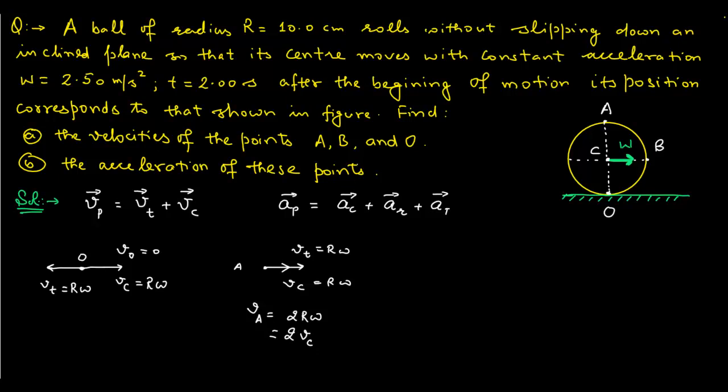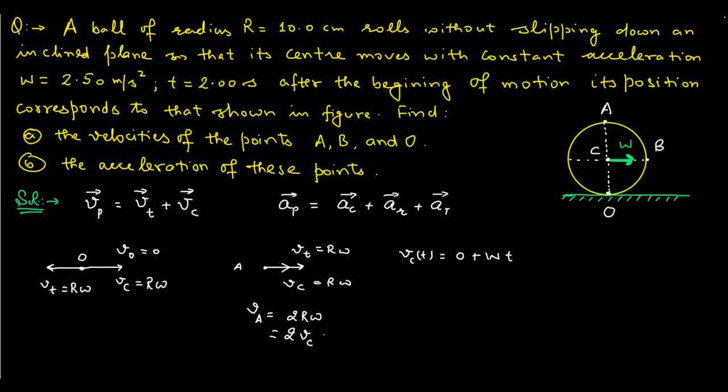Now as the object is accelerating with this acceleration w, that is 2.50 meter per second square, and we have to find these velocities at this time t, that is 2 seconds, we can write Vc after time t is equal to 0 plus wt. Clear?